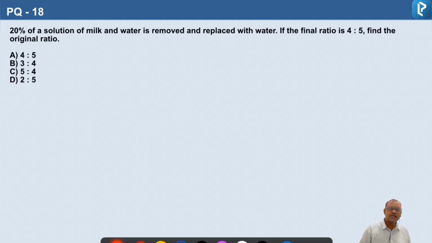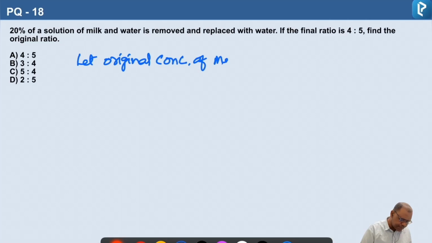The initial concentration of milk we don't know, so let the original concentration of milk be X, as a fraction.